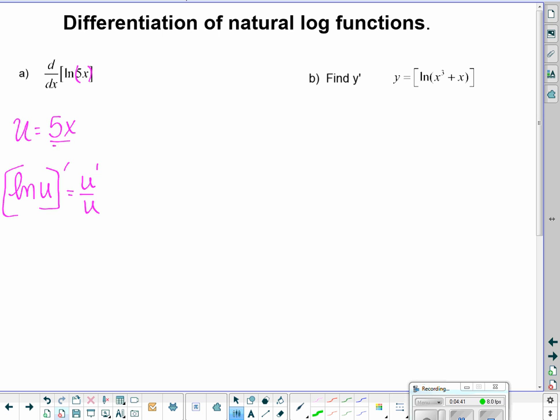If u is 5x, then the derivative of this becomes 5x on the bottom, because that is the u. And then I do the chain rule for the top, the derivative of 5x. Well, that becomes 5 over 5x. Cancel it out, I get 1 over x. So my answer is 1 over x.